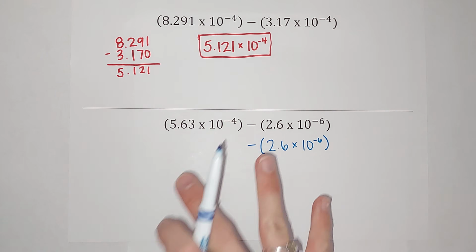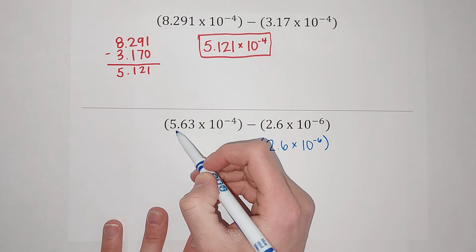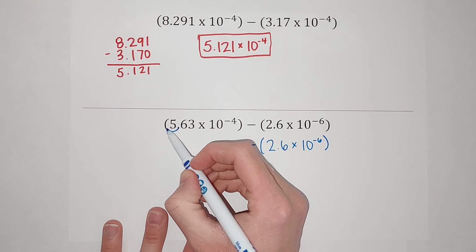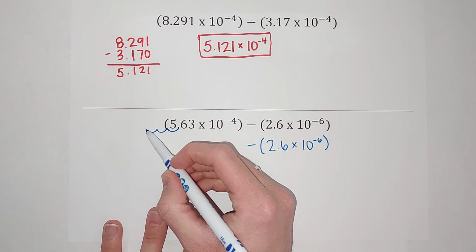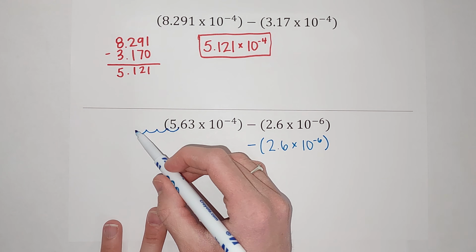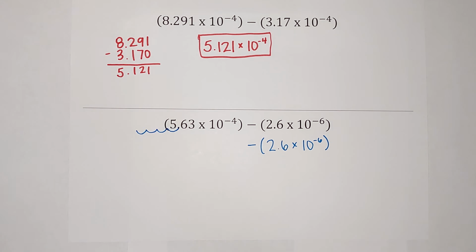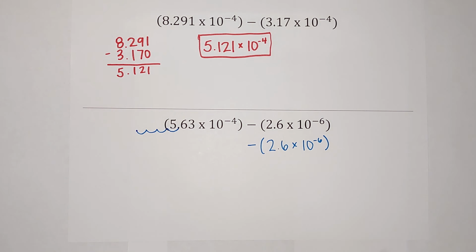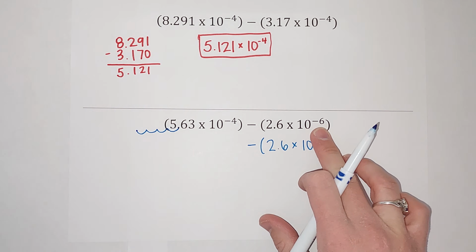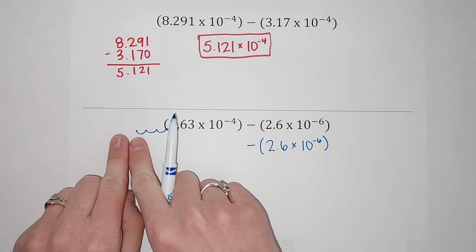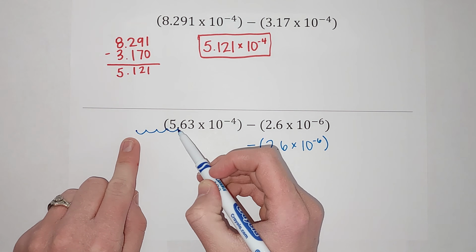If I were converting this back to standard notation, I would move this decimal over to the left 4 times, right? Because of that negative 4. 1, 2, 3, 4. And that would be where my decimal would be. So if I want it to be in 10 to the negative sixth power, that means I'm getting further away from that spot I want to be, right?